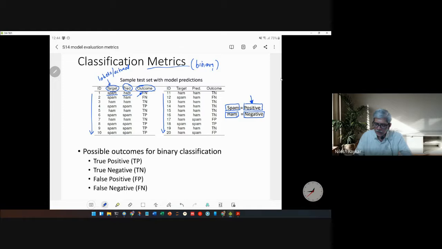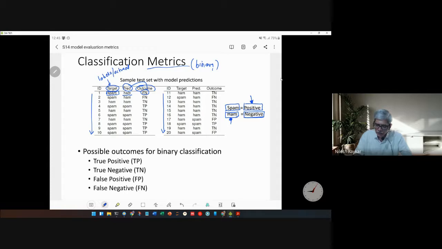And the second letter indicates the predicted value. So you are predicting it as negative. Negative means you are predicting it as a ham value, whereas actually it is a positive value. So actually it is a spam, but you are predicting it as a ham. So this is false negative. So that is why it is FN.